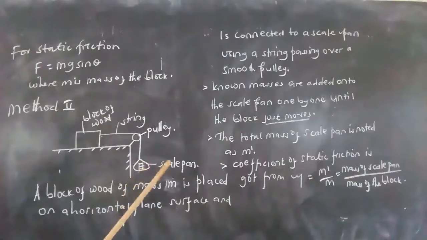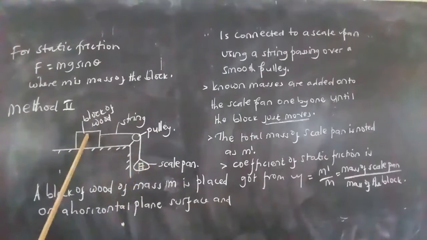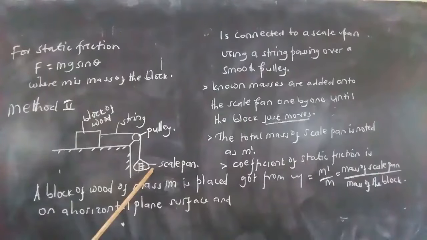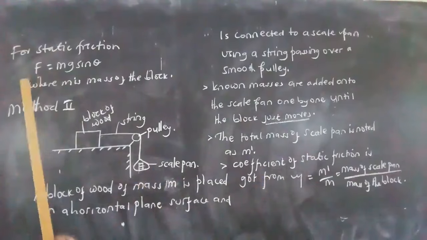Known masses are added onto the scale pad one at a time until the block just moves. The total mass of the scale pad is noted. The coefficient is gotten from this.